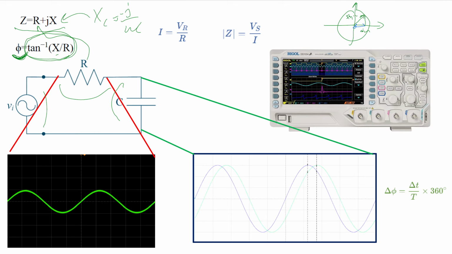This part is R and this part is X. So the tangent of this theta is going to be X over R. So theta is going to be the tangent inverse of X over R. This way you can calculate the phi and the complex value of Z. Sometimes you want the amplitude of Z, which is simply the amplitude of this complex number, the square root of the real part squared plus the imaginary part squared.